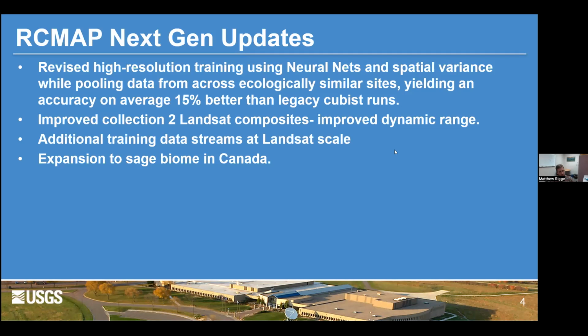So for us to separate things like annual herbaceous from perennial herbaceous, it's important to get the extremes of what Landsat was seeing throughout the course of each year. And finally, we've expanded into a portion of southern Canada to include all of the sagebrush biome.